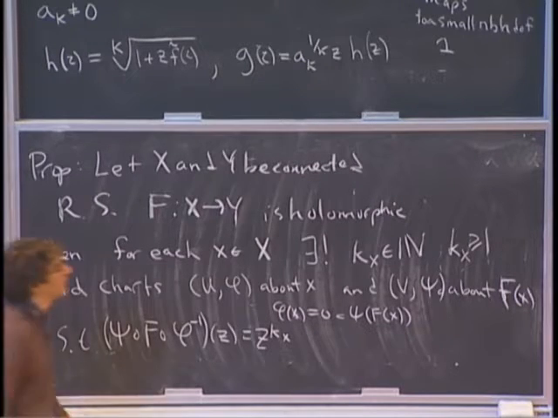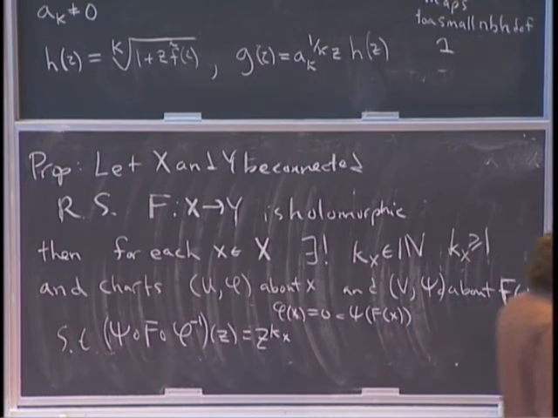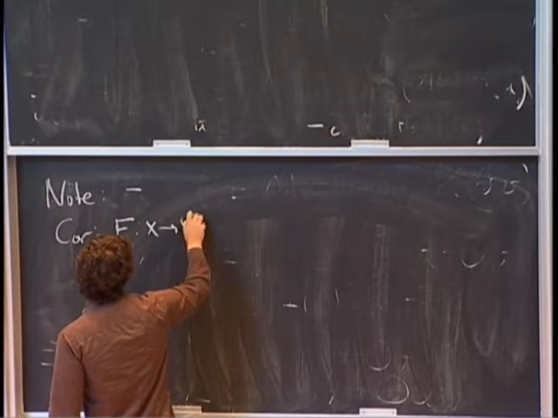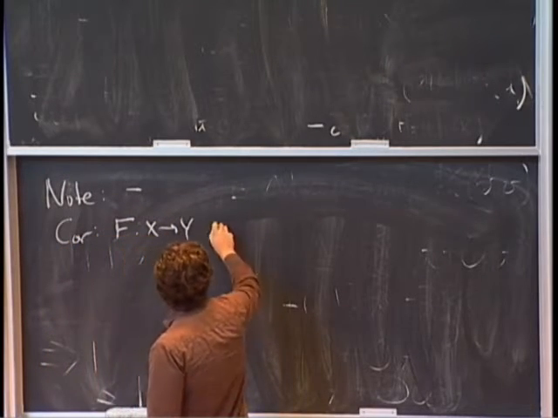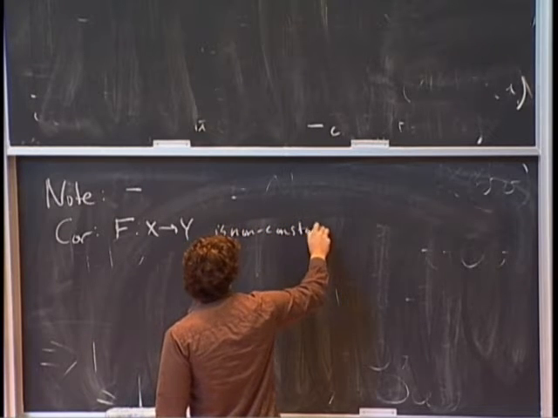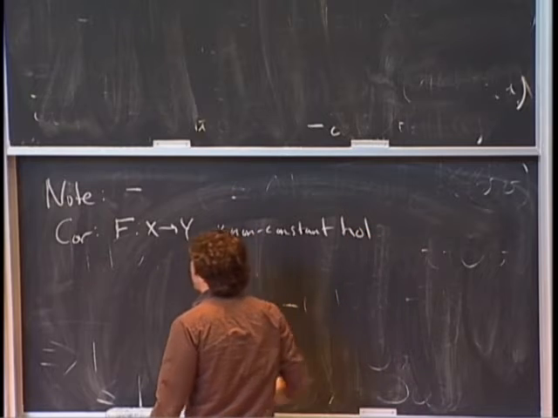So as a note, this implies a corollary, which you should again maybe just check yourself: if f from X to Y is non-constant and holomorphic, then it's an open map.